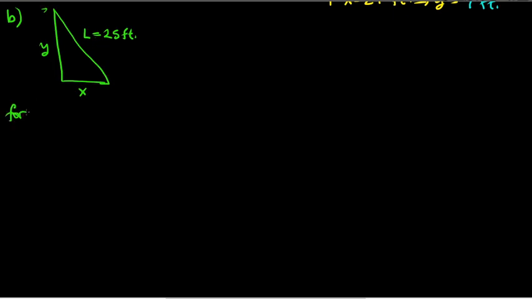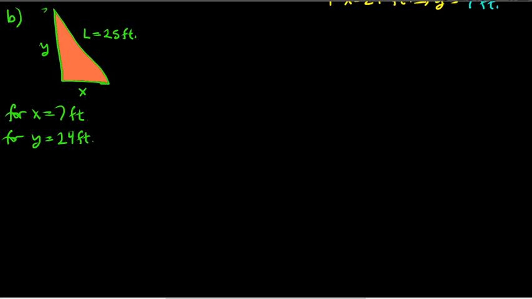So we'll do this for x equals 7 feet. And as we know from the last one, y will be 24 feet, if we need that. But now we're looking for the area of the triangle.